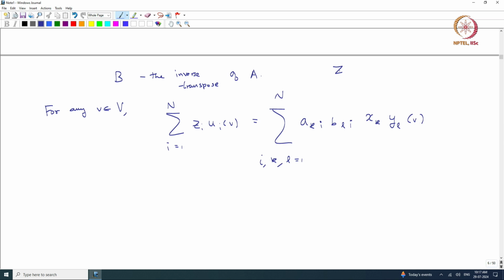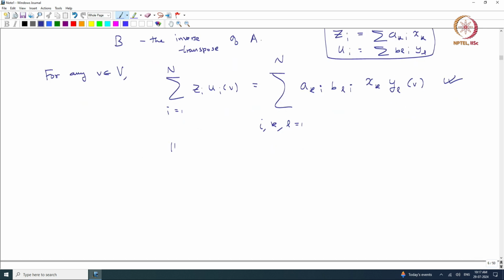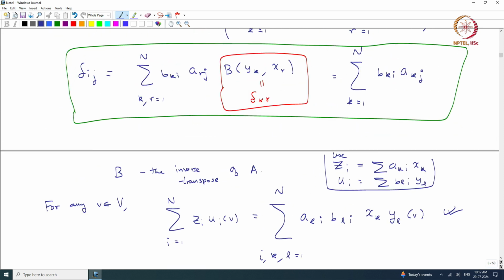Okay. So, this just uses the formula zi equals summation aki xk, and similarly ui equals summation bli yl. Use these formulas to get this. So, now whenever you see this ij running over here, summation bki akj is going to give you delta ij.